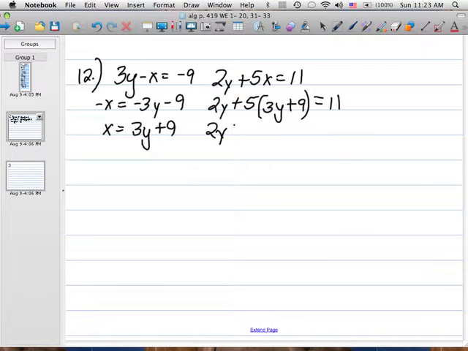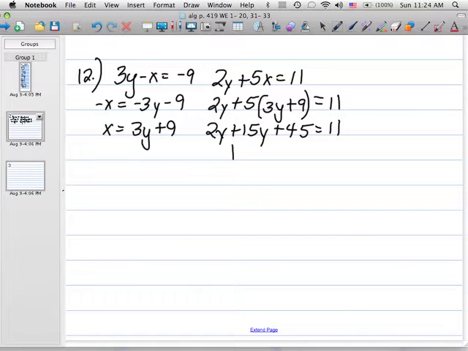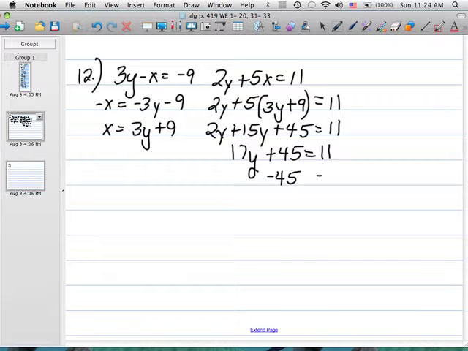Distributive property gives me 15y plus 45 equals 11. Collecting like terms, I get 17y plus 45 equals 11. Solving for y, subtract 45 from both sides. I get 17y equals negative 34.